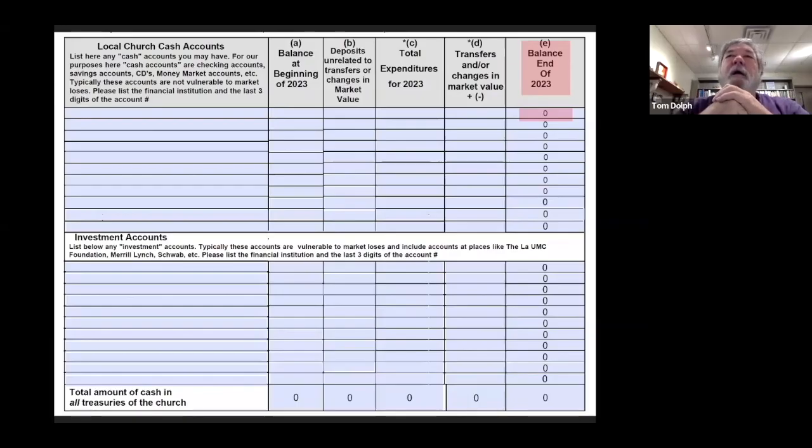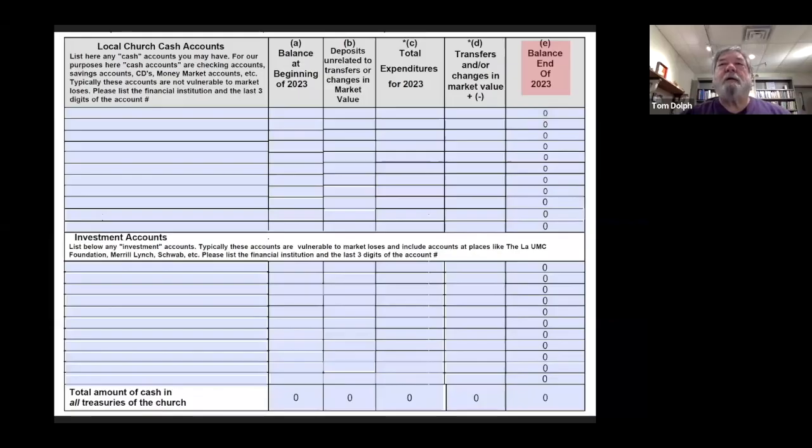There are occasionally some minor differences. That is caused by either checks that haven't cleared yet, or the fact that your financial institution doesn't exactly close books on the last day of the month. If that is close, you know that you have counted everything that you have done.